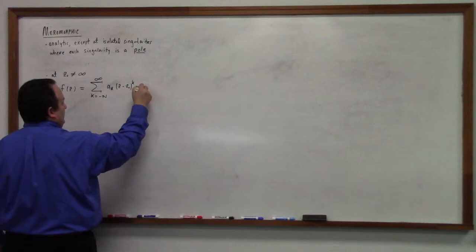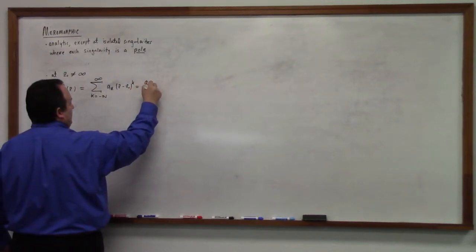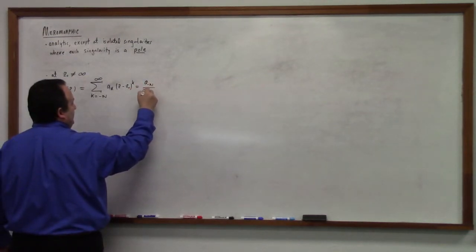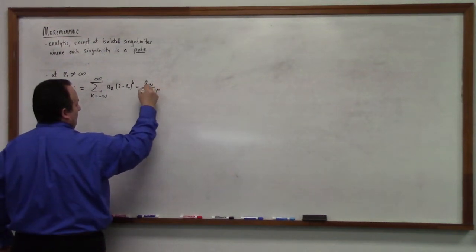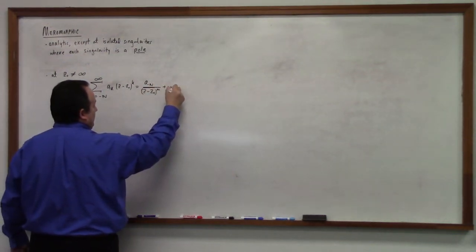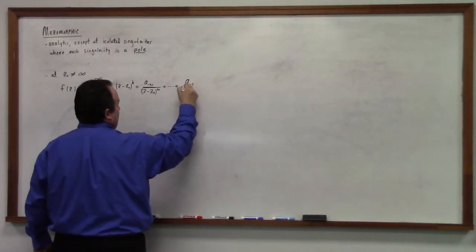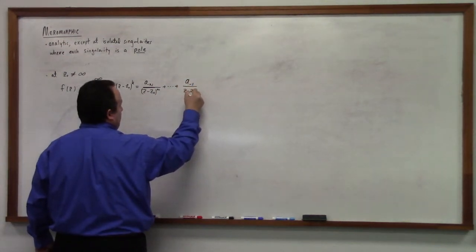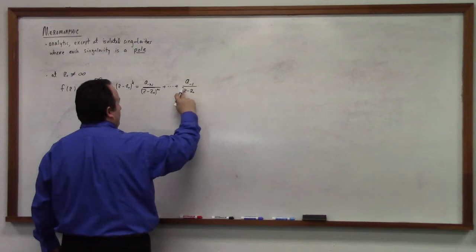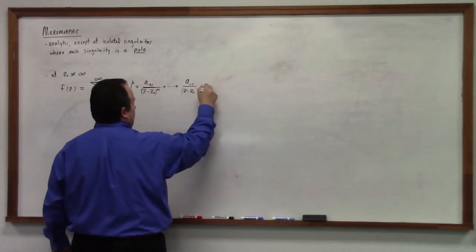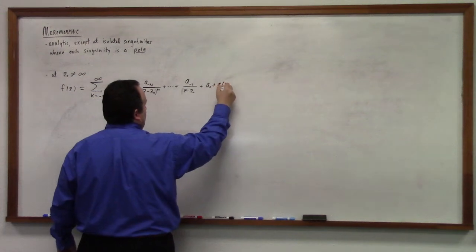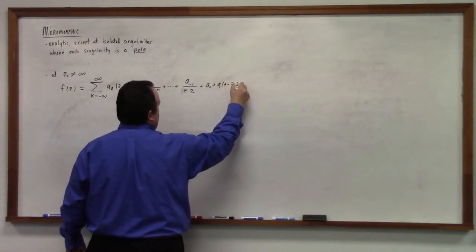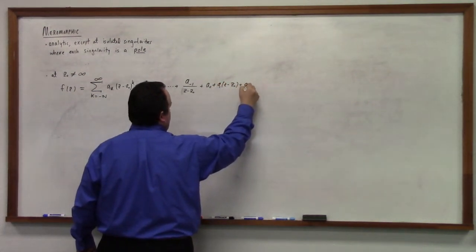So that's a sub minus n over z minus z naught to the n power, plus dot dot dot, plus a sub minus 1 over z minus z naught to the first power, plus a sub 0 plus a sub 1 times z minus z naught and so forth, right?